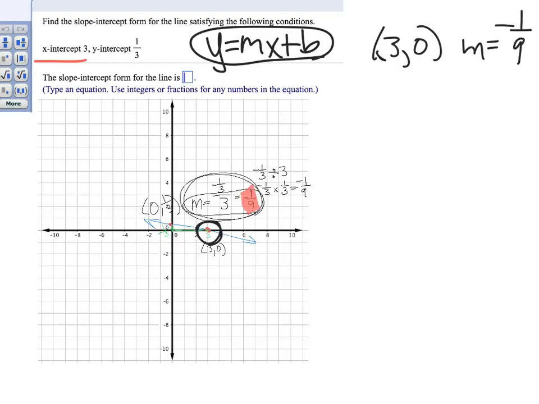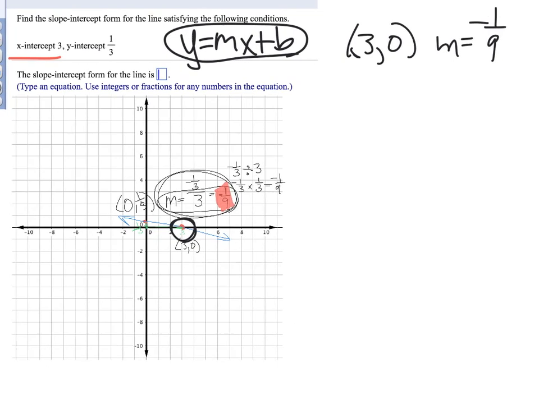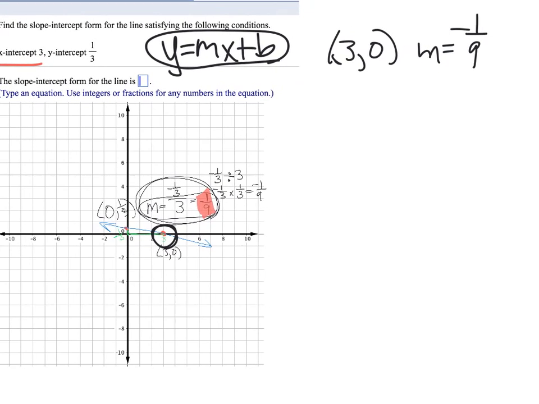So there's the two pieces of information we need, the point and the slope. And we are now officially ready to do the point-slope formula, which is y minus y1 equals m times x minus x1.